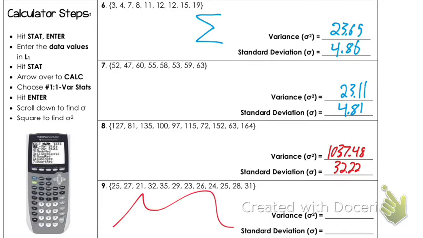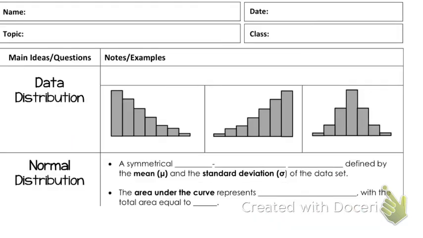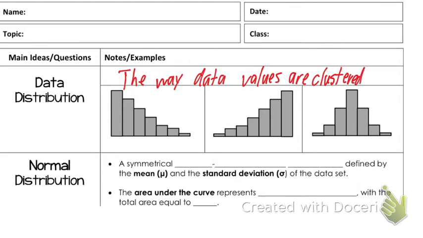On the next page: data distribution. We're going to see the way data values are clustered. You can have 3 different types of distribution.